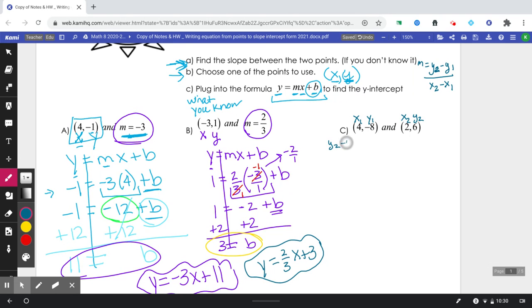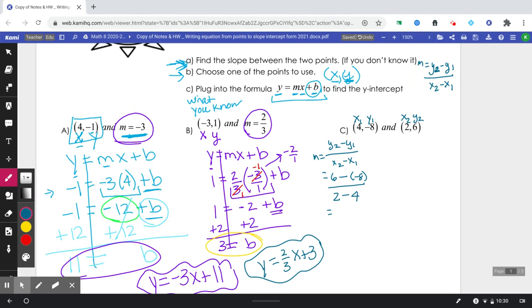Remember, your formula is y2 minus y1 over x2 minus x1. All right, so let's substitute in. Y2, we said y2 is 6, minus y1, we said y1 was negative 8. So make sure you have 6 minus negative 8. Okay, x2 is 2 minus x1, 4.